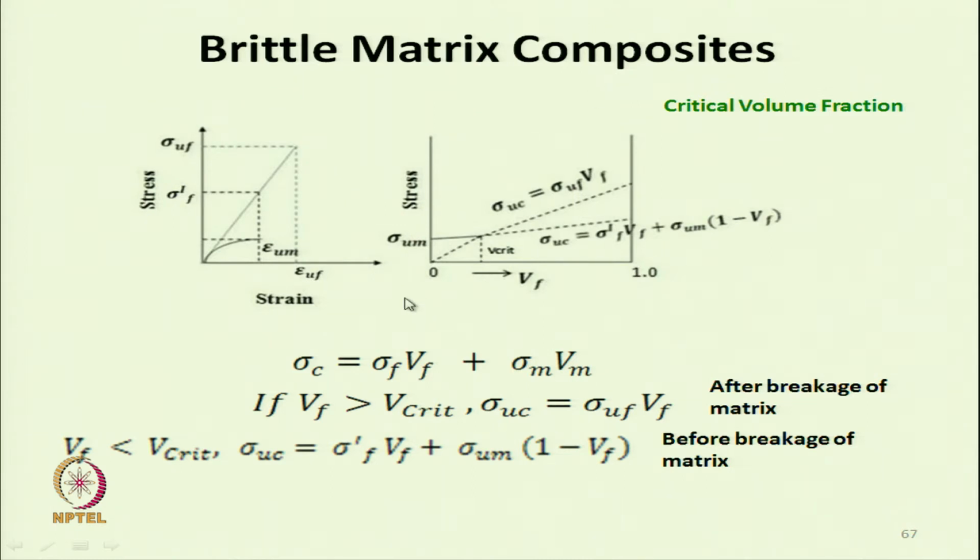where it shows that for brittle matrix, if the volume fraction is more than the critical volume fraction, then the majority of the stress will be carried by the fiber, which is strong enough, which is the reinforcing material. So, ultimate stress will follow this equation, that is the stress of fiber.